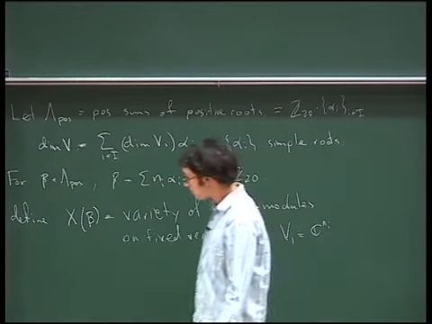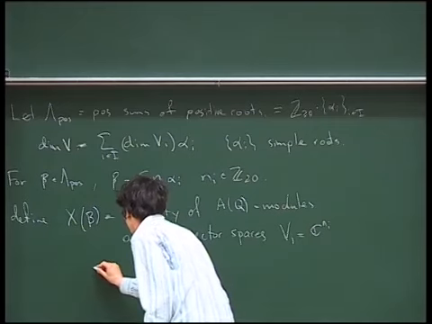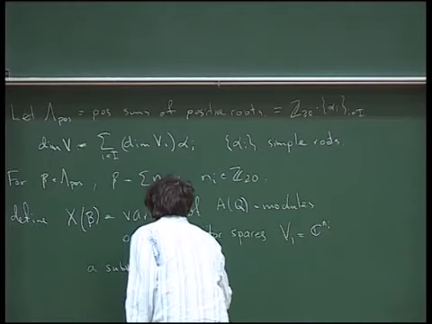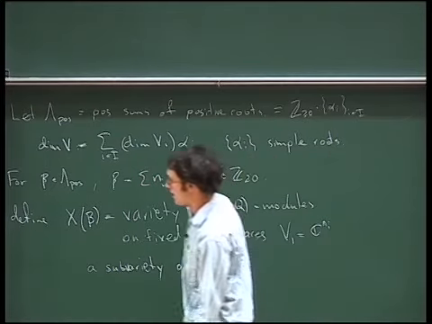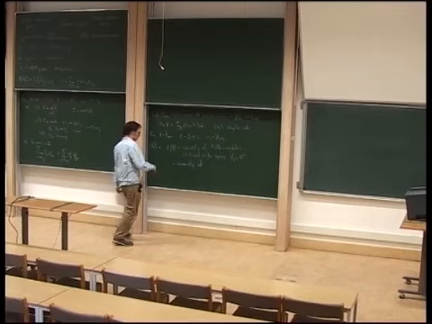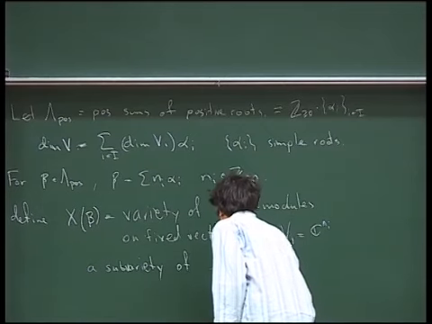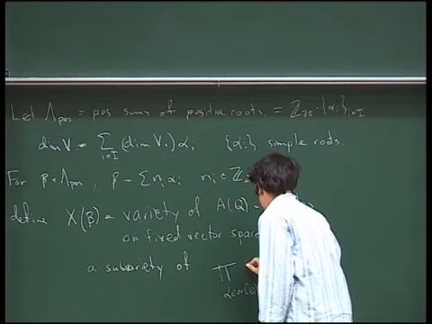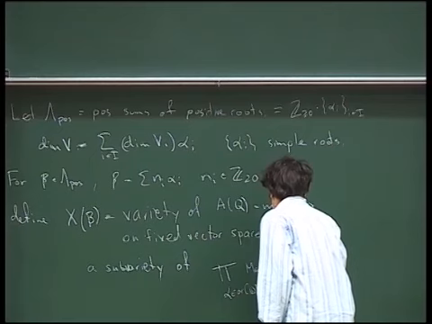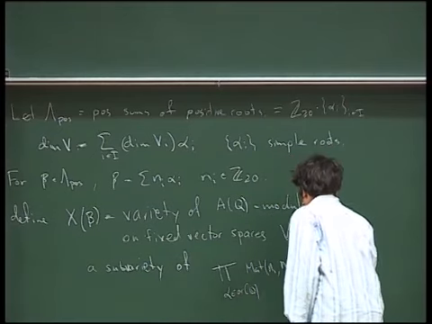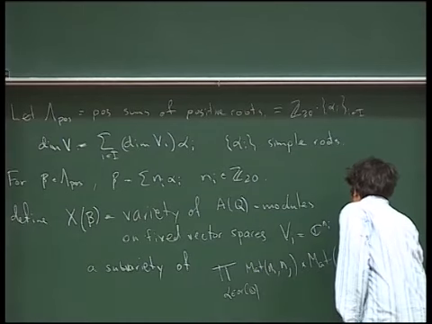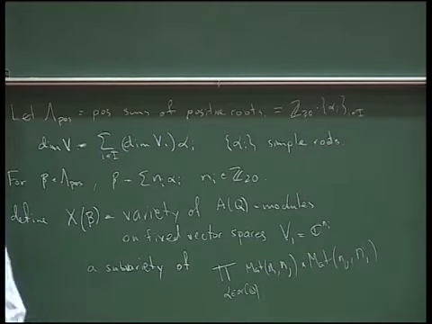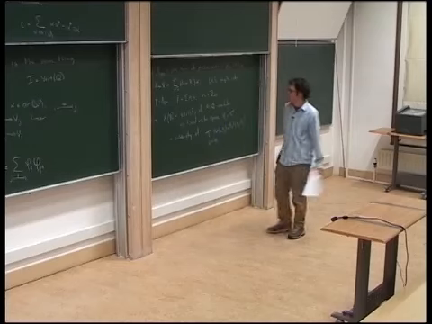This will be a subvariety of the product over all arrows in the original quiver of matrices of size n_i by n_j, cross matrices of size n_j by n_i. And it's a subvariety because we have this constraint. Okay, so it's some affine variety.